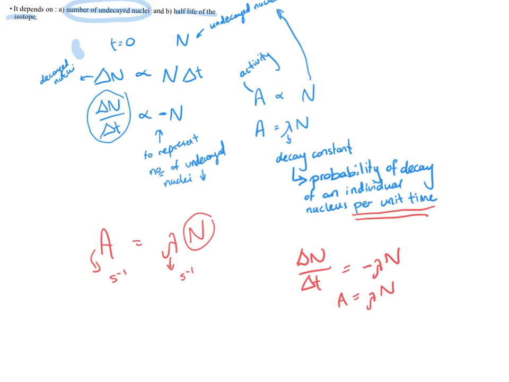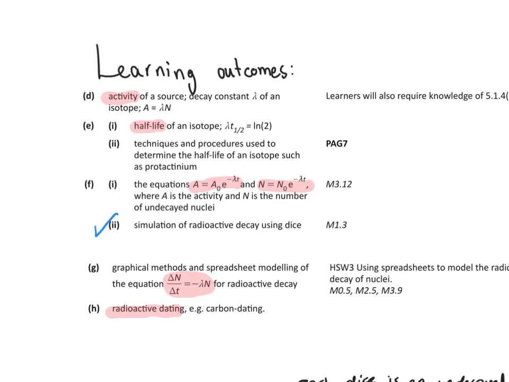The common thing that many people get confused with is that this is the decayed nuclei and these are the undecayed nuclei. Okay, so far we've spoken about the activity of the source, we introduced the decay constant and the equation. We did speak about the half-life, but we haven't yet seen the equation, which we will get to. And I will move on to the next few bits now.